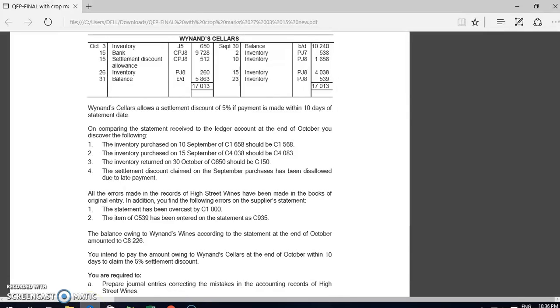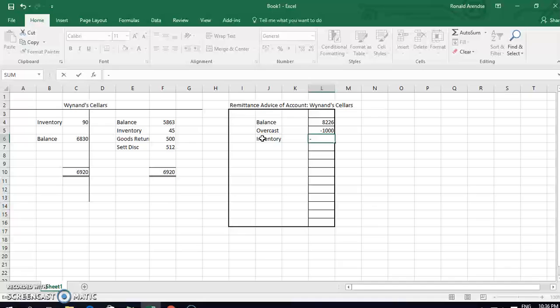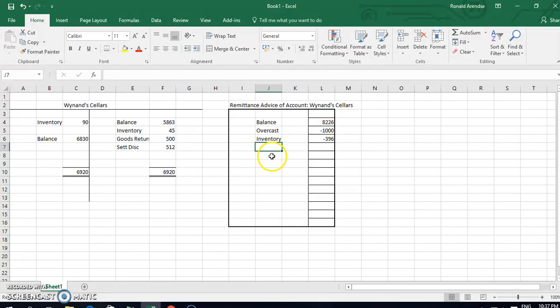So let's go to that again. So it's 935 less 539, and the difference is 396. So there was the inventory item which they overcast of 396, minus.